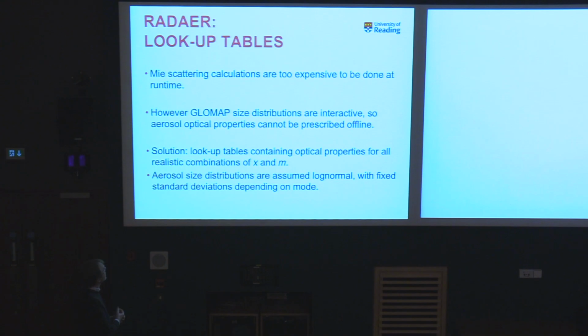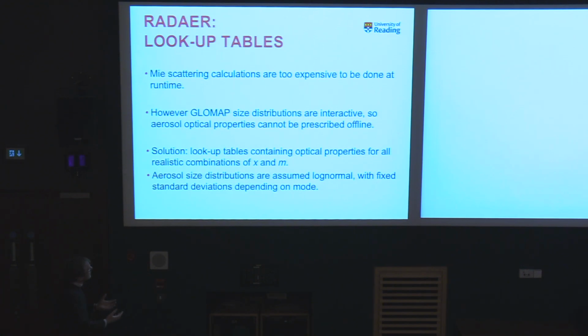That means that before you run the model, you don't know what the size distribution of the aerosol will be. So there's a dilemma here. It's too expensive to do it at runtime, but at the same time I need to do it at runtime because I don't have the information before then.